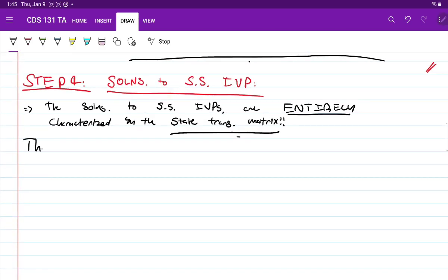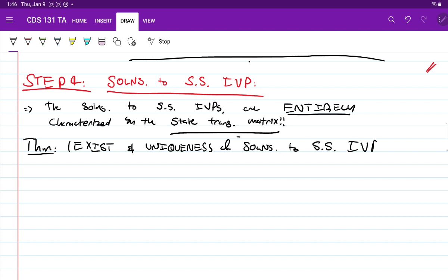So what we have is theorem, existence and uniqueness of solutions to the state space initial value problem. Okay? So what I'm going to say is, let's just take our standard piecewise continuous data, right?